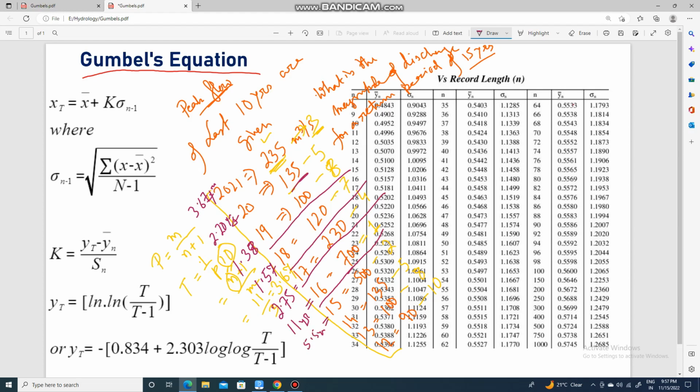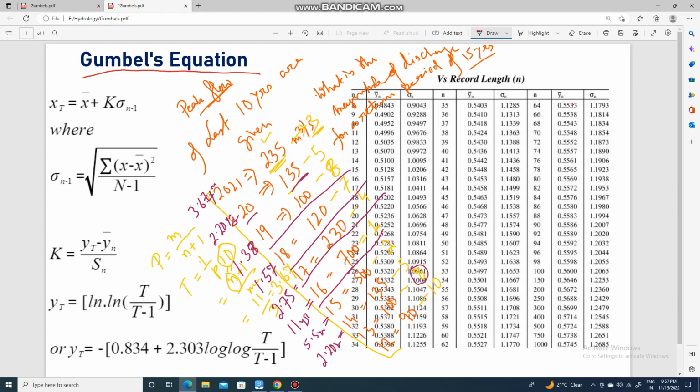For the peak discharge of 2014, position is 5th, so 11 divided by 5 is 2.2. It is the same as the peak flow of 2020, so I can straight write 2.20 years.